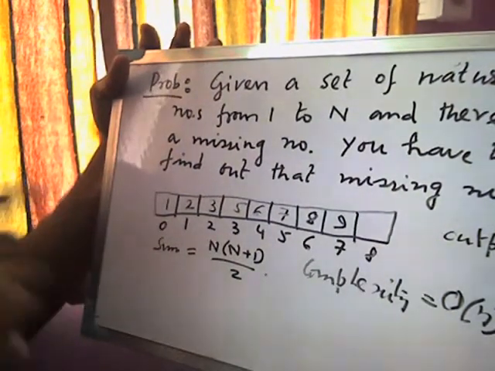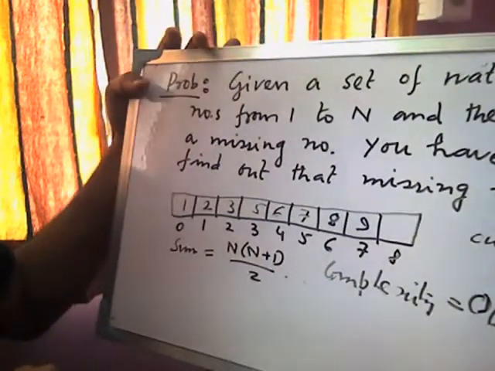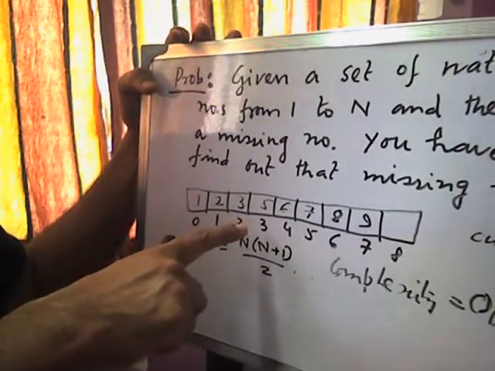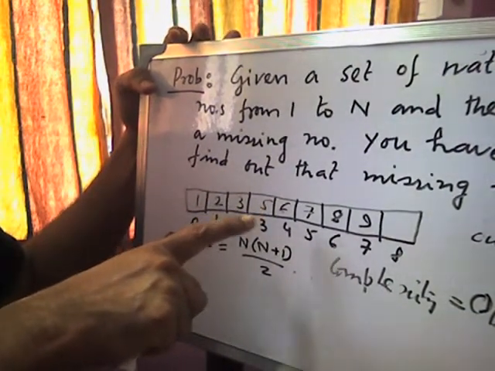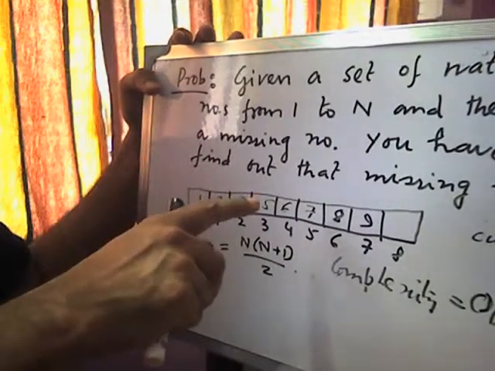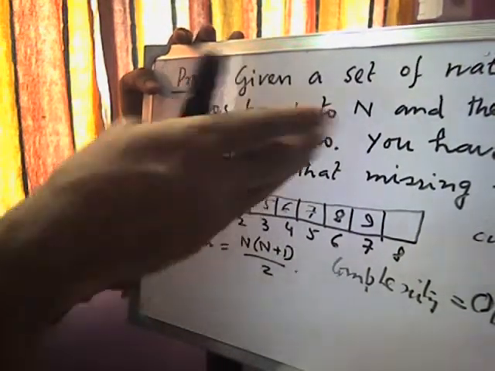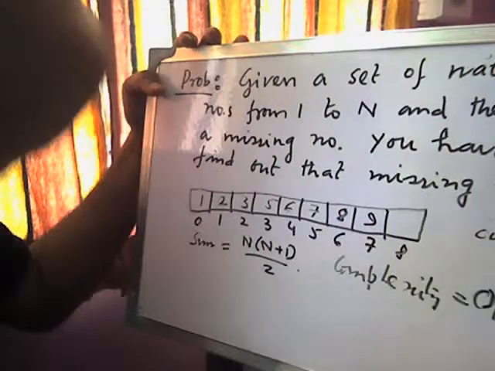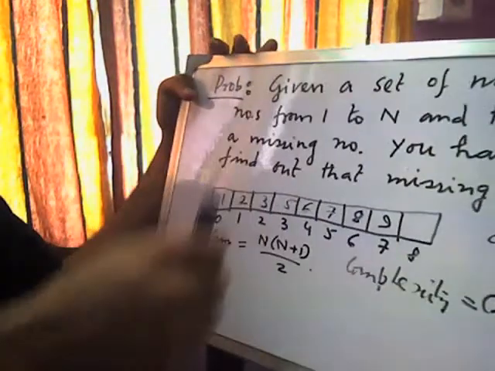You see this. That means basically, if you can find the value where A[i] is not equal to i plus 1, that means actually i plus 2 here, then you can find the missing number. That is how it can be found.